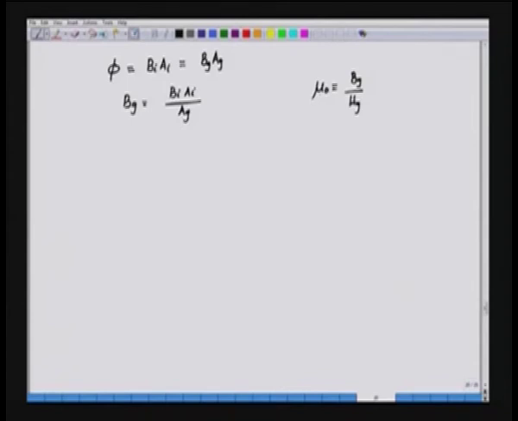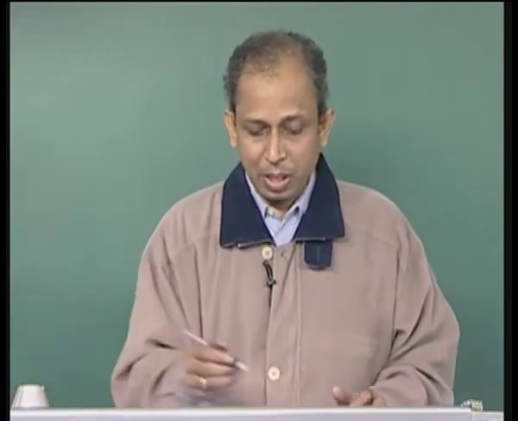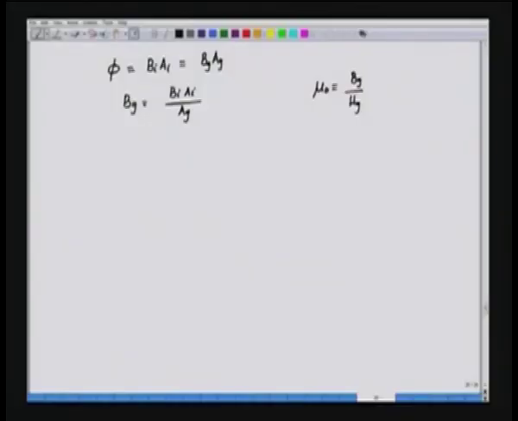Mu naught is the permeability of free space, since we have an air gap there. So mu naught into Hg is equal to Bi Ai by Ag, or Hg is equal to Bi Ai by Ag mu naught.